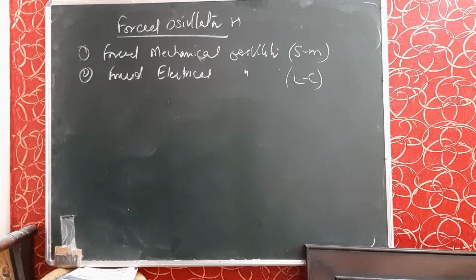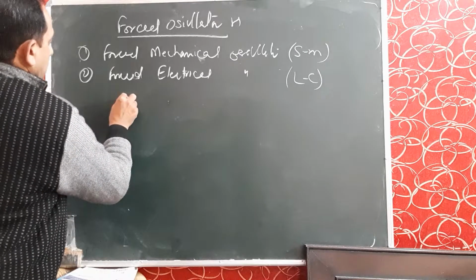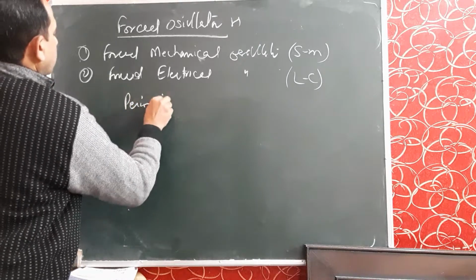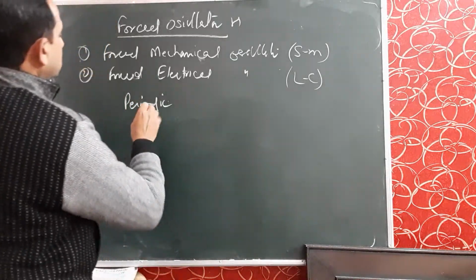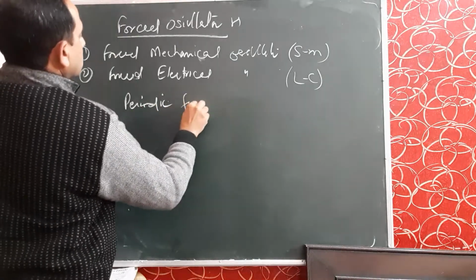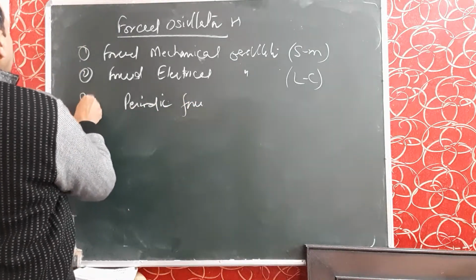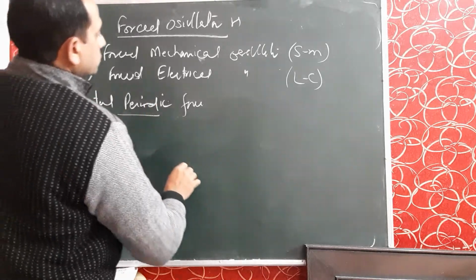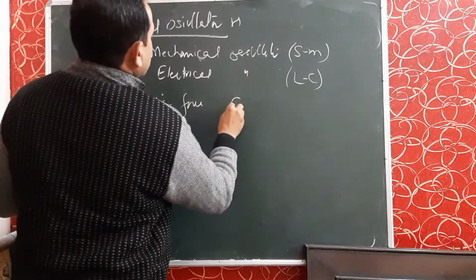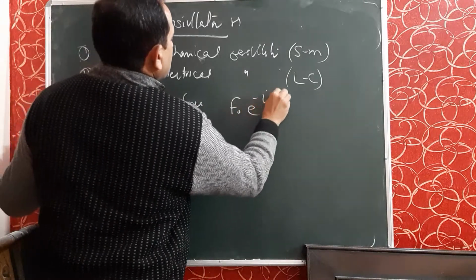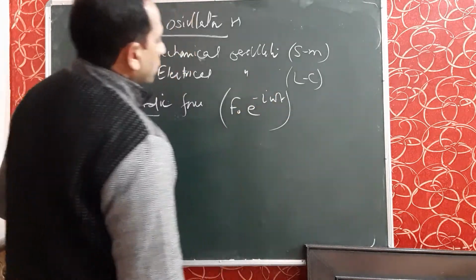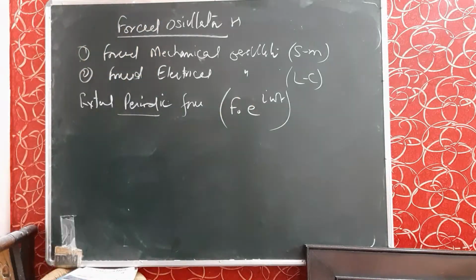But when we apply an external force, that force must be periodic. So, that force which is applied on the oscillator should be periodic or external force, and this force is mostly in the form of F naught e raised to power iota omega t. e power iota omega t means cos theta plus iota sin theta, that is cos omega t plus iota sin omega t.